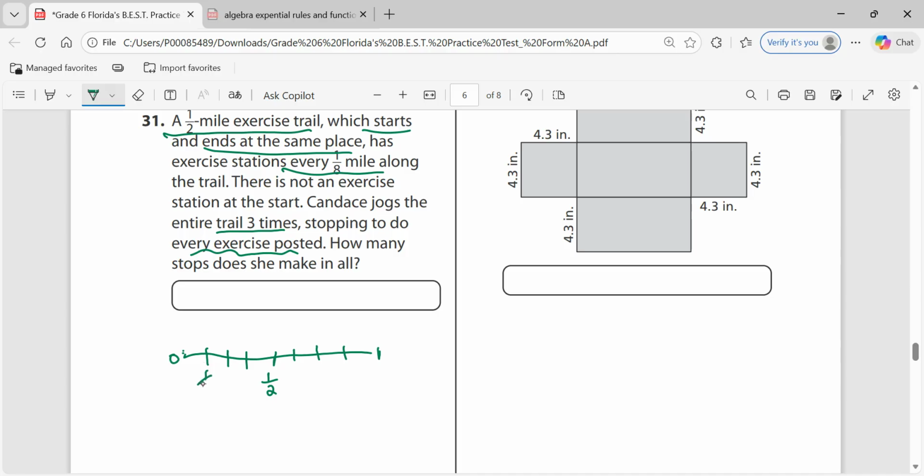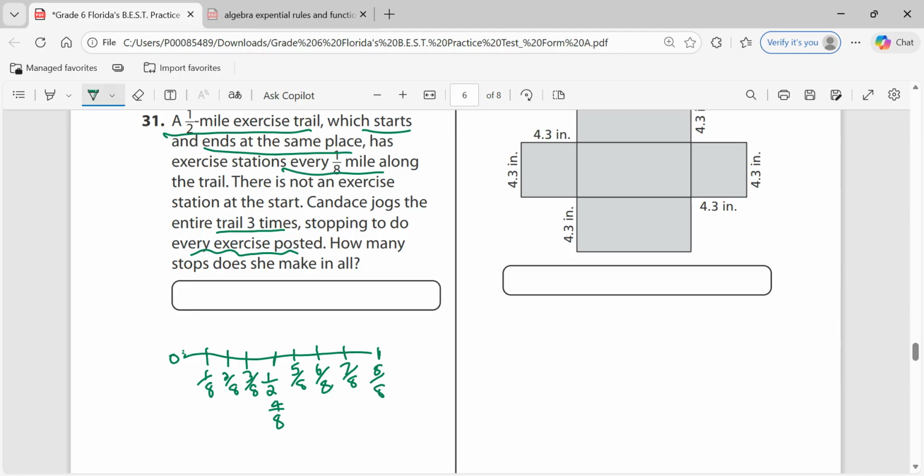So maybe 1/8 here, 2/8, 3/8, 4/8, which is the same as 1/2, 5/8, 6/8, 7/8, and then 8/8 makes a whole. I'm just breaking this up into eighths.